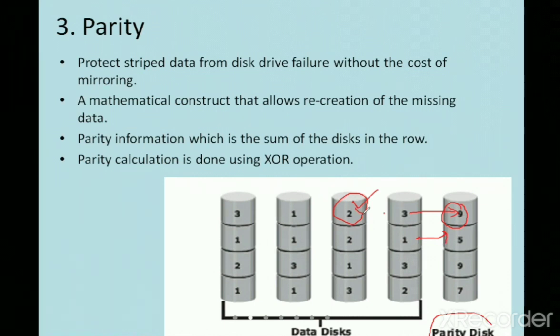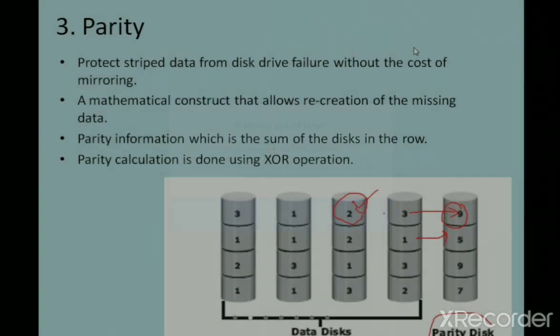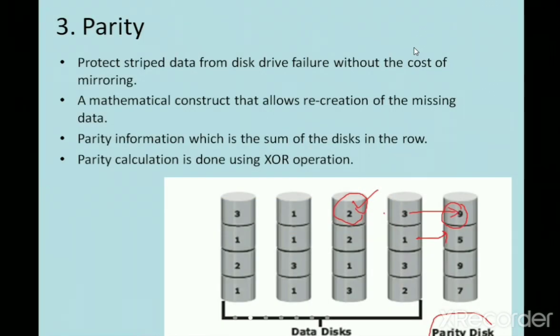Okay, so these are the three techniques they apply in RAID operations to get back whatever data you have lost. This is a very important technology that has come, because of which we are not losing the maximum data, and we are able to recover a lot of the data.